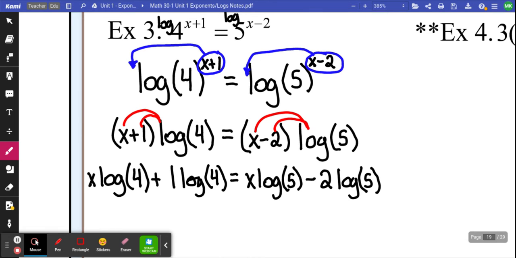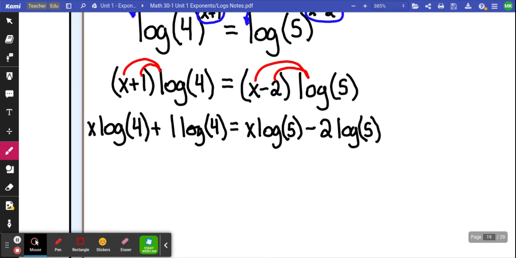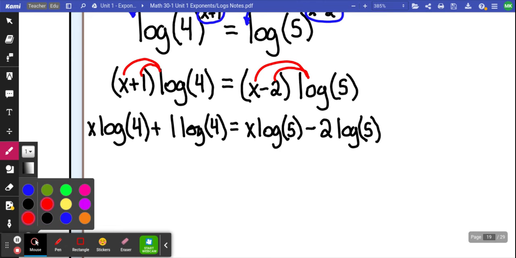To solve a linear equation, you move all of your x's to one side. To move my x's to one side, I would have to subtract that x log 5 from the right to the left. Those are not like terms, right? X log 4, x log 5, not like.